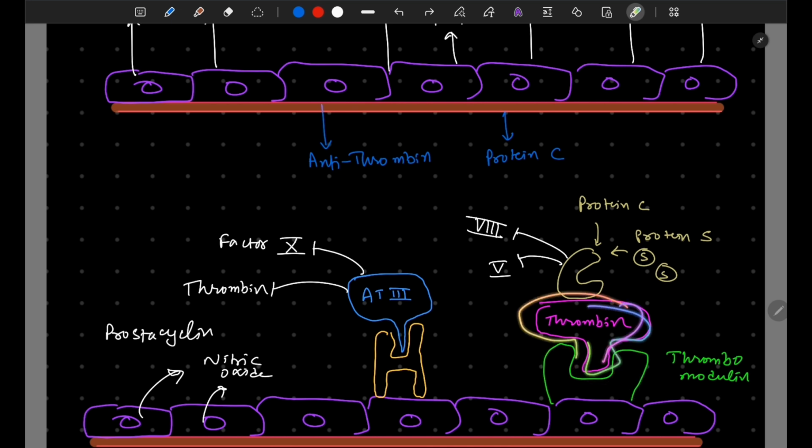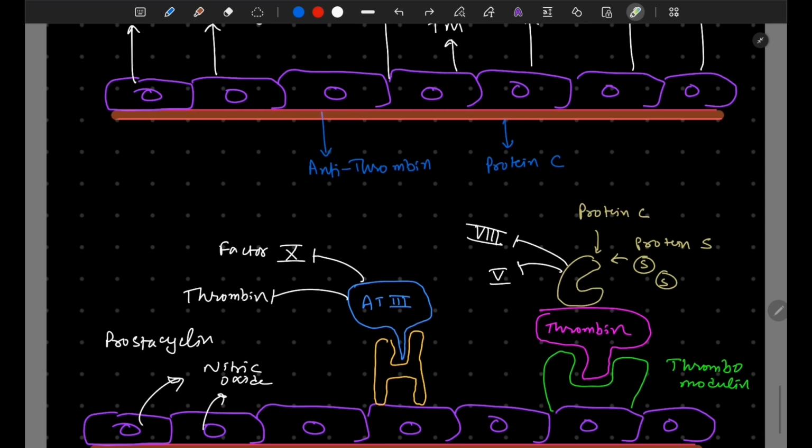The thrombin which gets attached to thrombomodulin leads to attraction of another protein called protein C. This protein C causes an anti-factor 5 effect, and this anti-factor 5 and anti-factor 8 effect leads to inhibition of the coagulation cascade, which we talked about earlier. Along with protein C, there is a cofactor, protein S, which also helps sometimes to inhibit the factors mentioned.